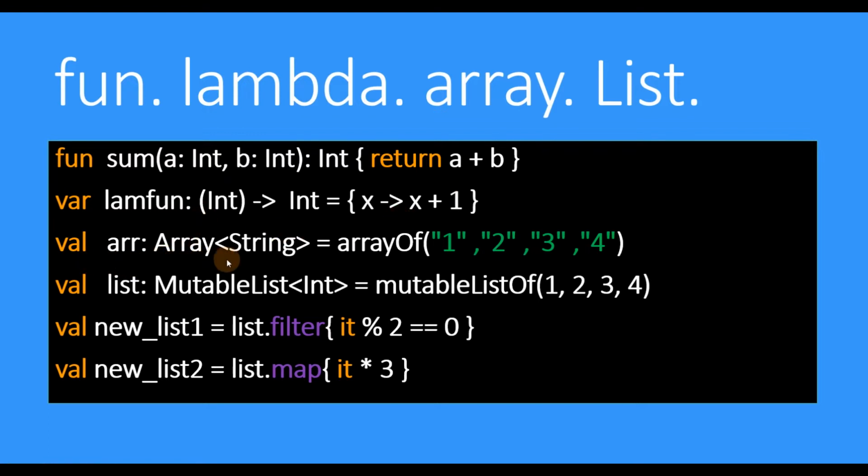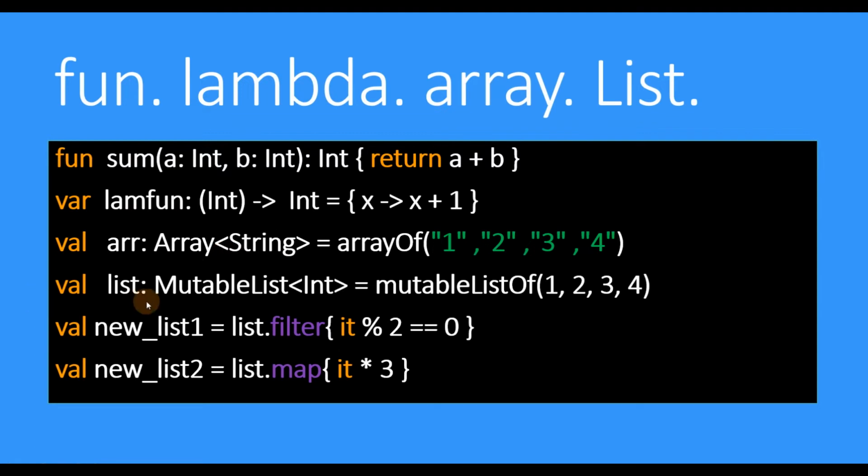And then arrays of type String. Here we are declaring an array of type String, and we are initializing that array with the function arrayOf. So arrayOf returns an instance of an array of type String in this case, and we are initializing it with the following parameter values, which are strings.